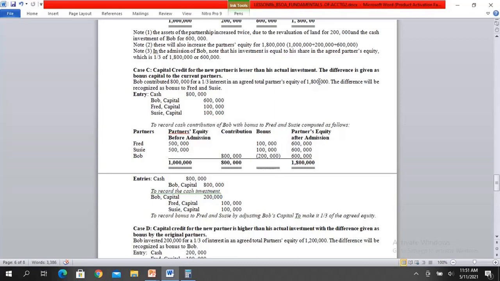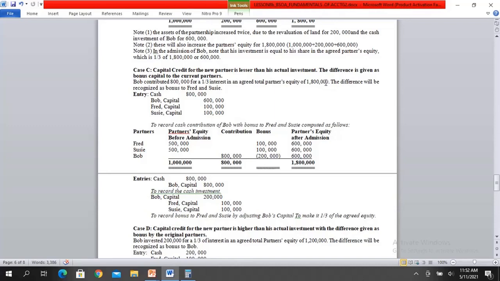Kasi ang pinag-agrihan nila na total partners equity is 1,800,000. Yung 1/3 ng 1,800,000, yun yung mapupunta na interest kay Bob, pero ang binayaran niya is 800,000. So, ang napunta na interest kay Bob is 600,000 kasi 1/3 of 1,800,000 is 600,000.